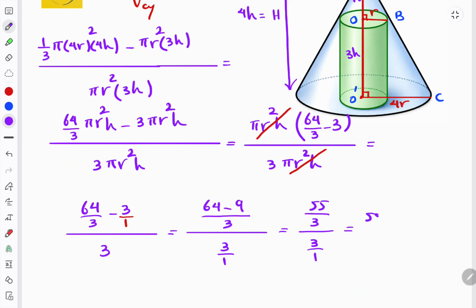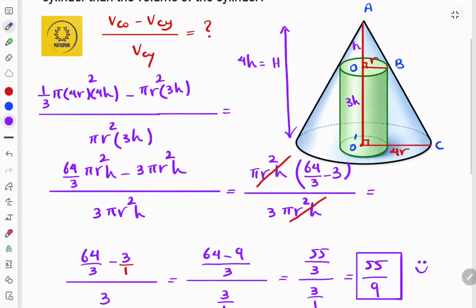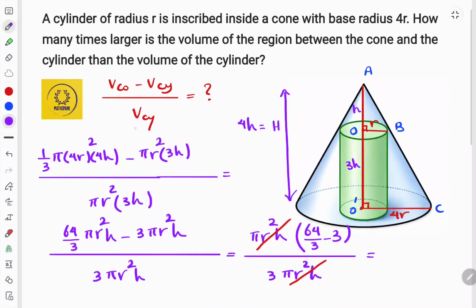So 55 over 9 is the final answer of this question. In fact, the volume of the region between the cone and the cylinder is 55 over 9 times larger than the volume of the cylinder.